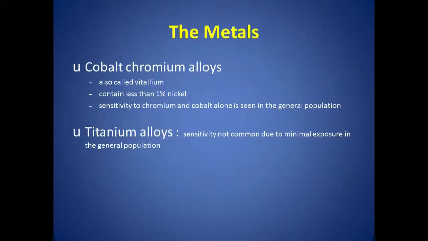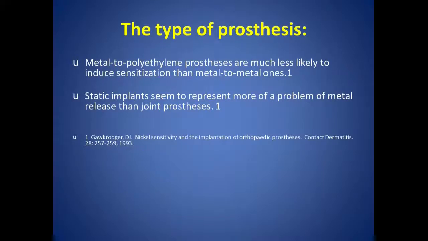There are different alloys used, a whole bunch of them, but for simplicity's sake: stainless steel, nickel, chrome, cobalt, or cobalt-chrome, or titanium alloys. It's more likely to be a problem if you have metal on metal, if you're a very strong reactor, and if you have that dermatitis persisting at the site.